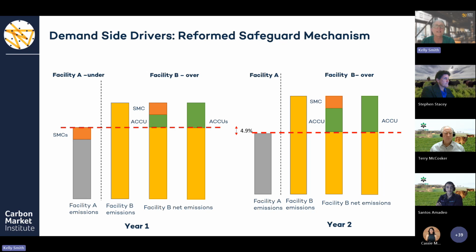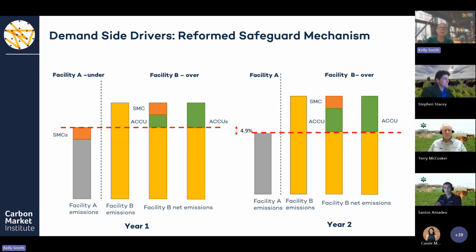So if a facility, like facility A on the left-hand side there, at the end of year one is below baseline, then that's a really good result for them because they can earn Safeguard mechanism credits. And 1 tonne of carbon dioxide equivalent below your baseline is equal to 1 Safeguard mechanism credit. And a Safeguard mechanism credit can be sold to other Safeguard facilities, or you can keep it for use in later years.